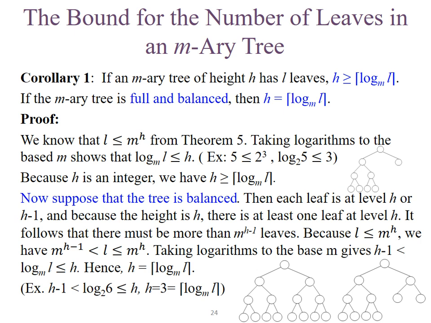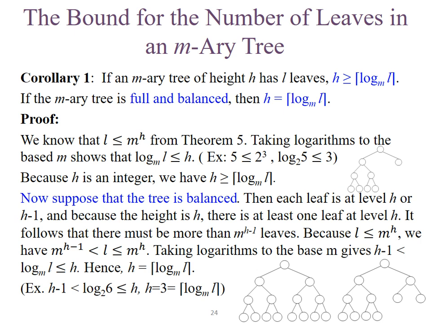And we know h is the height, so the height is an integer, while the log may be a real number. So if we constrain h to be an integer, then it will be larger or equal to the ceiling of log L. So you can see this is very straightforward. If we take the log on both sides, we can derive the results of corollary 1.